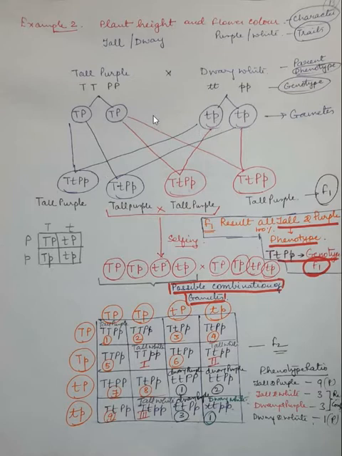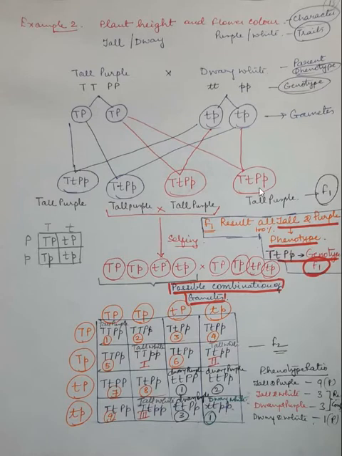Capital T, small t, capital P, small p. If we hide this one and you see capital T, small t, this is what came in F1 according to the law of dominance. This is what we get here in the F1 generation according to Mendel's first law, the law of dominance, that only dominant characters can be expressed whereas the recessive ones remain suppressed.